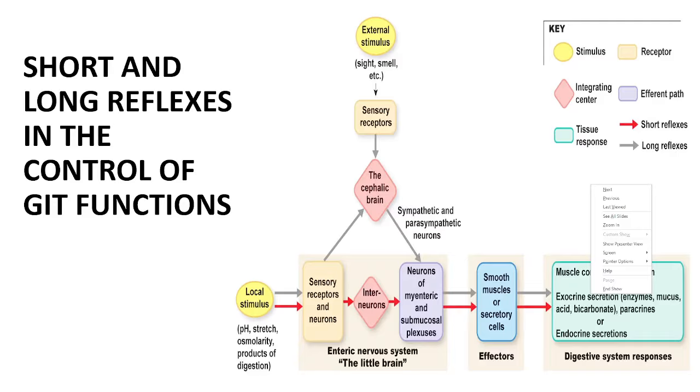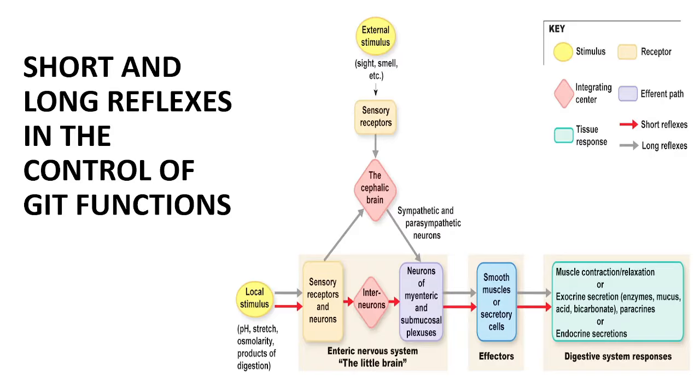And short reflexes are reflexes that are performed within enteric nervous system. When there are local stimuli, like change of pH, change of temperature, stretch, change of osmolarity, chemical substances, products of digestion, they act on the sensory neurons, cause transmission of the signals by the interneurons to the neurons of myenteric or submucosal plexuses, and as the result there is either muscle contraction or secretion that is involved.